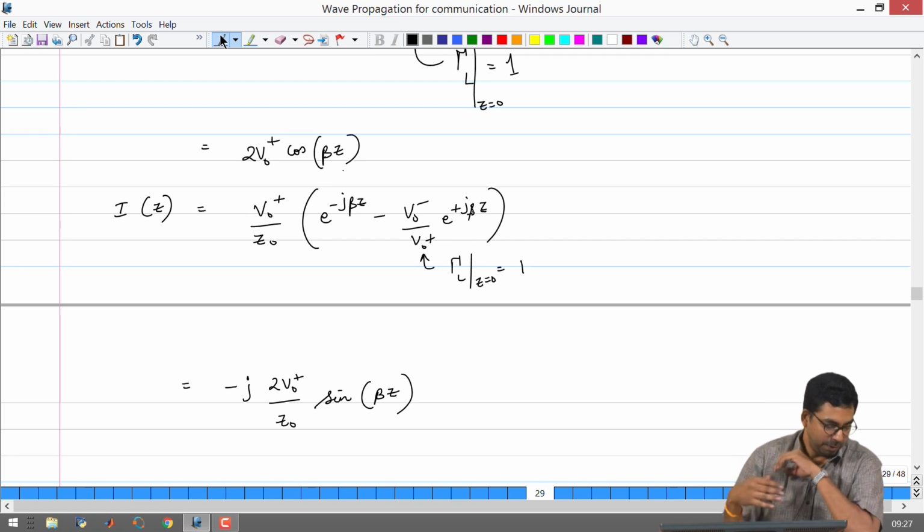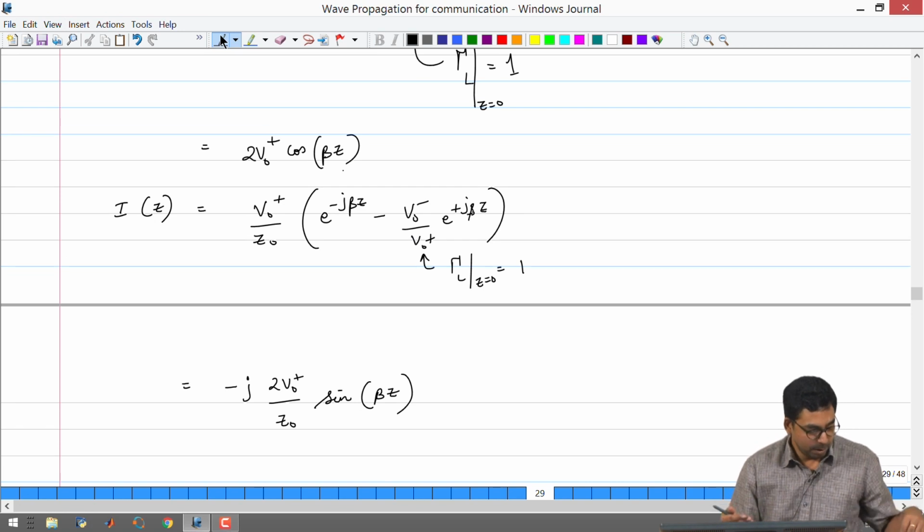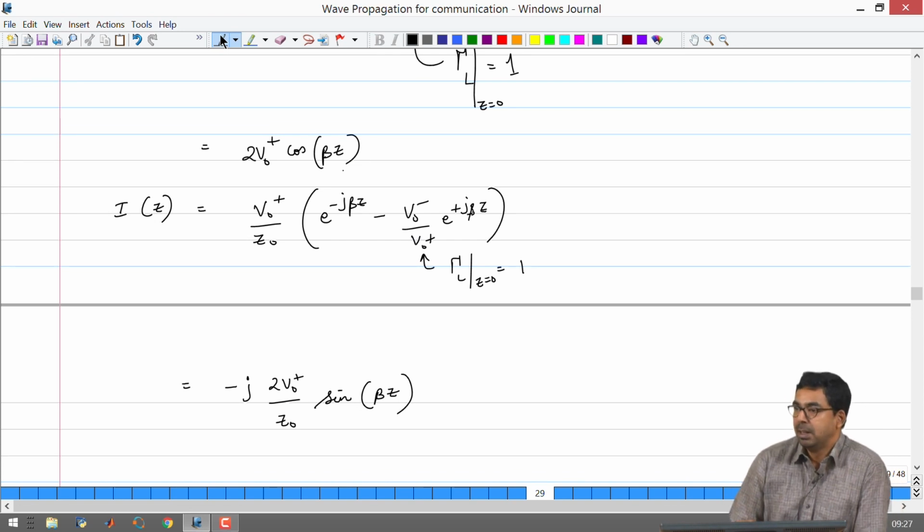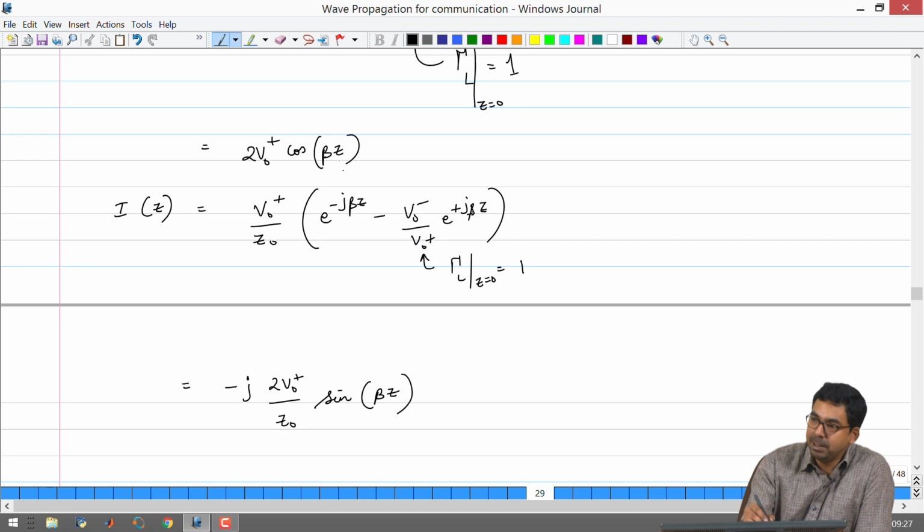So, if we want to have a closer look at the impedance, we need to write down the expression for V of z divided by I of z, and then we need to see how the impedance in this line will change. We already have a very good guess: cosine of beta z divided by sine of beta z.